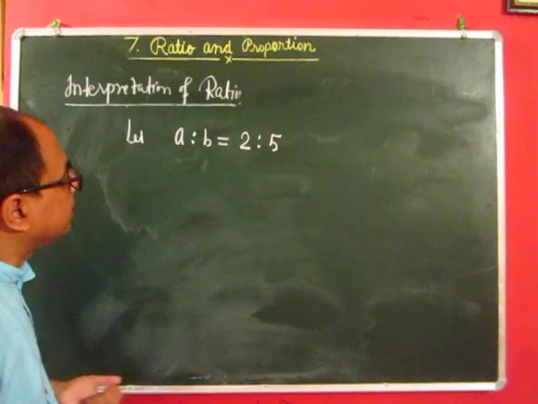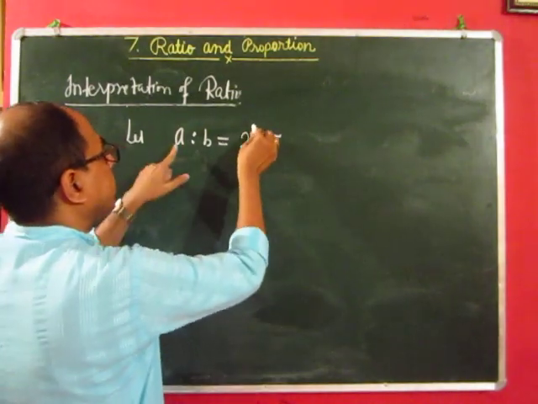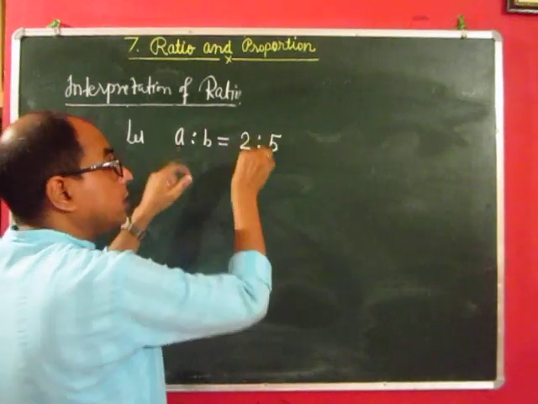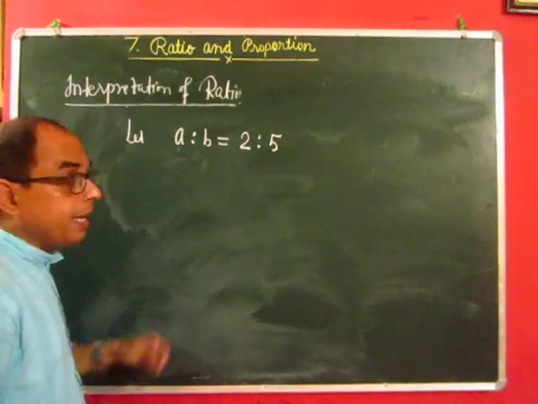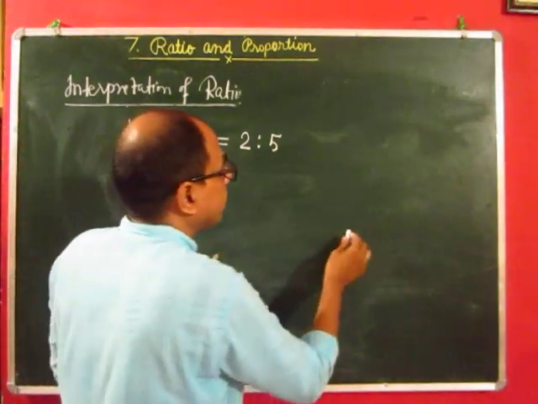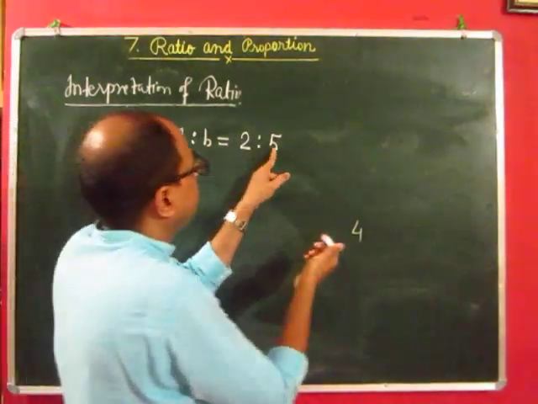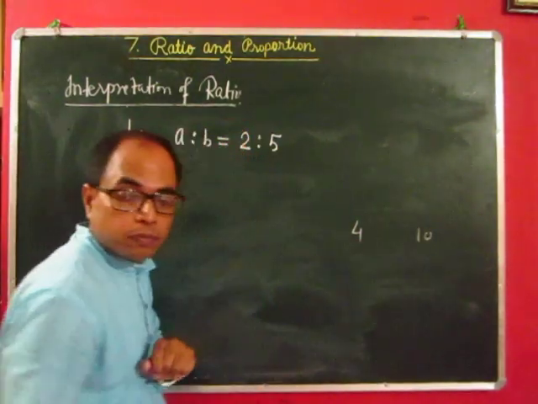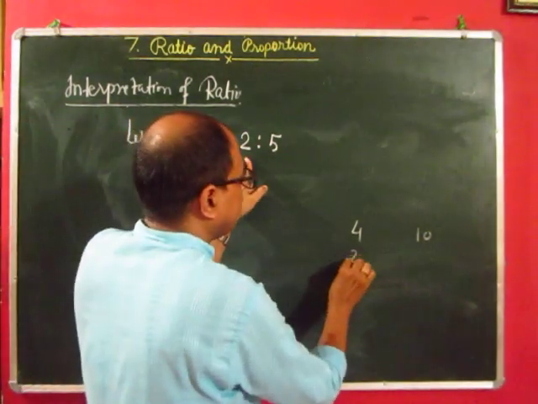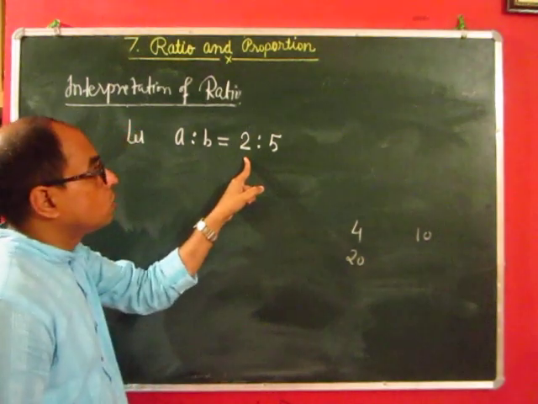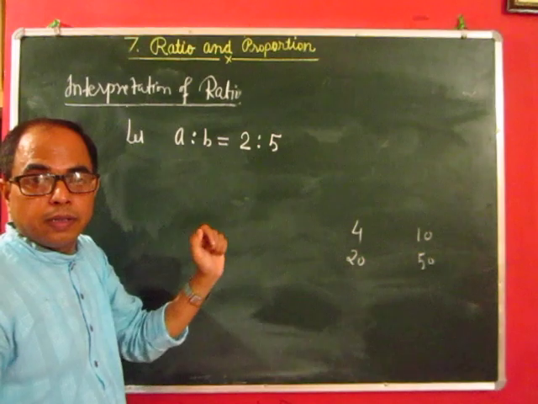It means if the salary of person A is rupees 2, then the salary of person B will be rupees 5. If the salary of person A is rupees 4, then the salary of person B will be rupees 10. If the salary of person A is rupees 20, then the salary of B will be rupees 50, multiplying by 10.